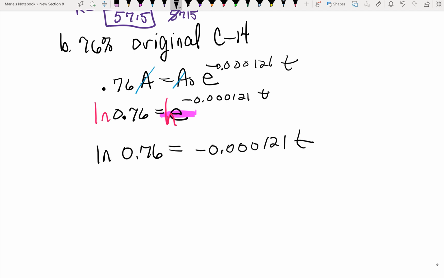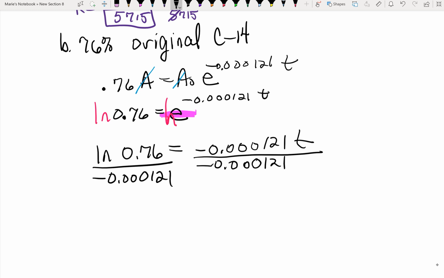If I'm solving for t, I'm going to simply divide by negative 0.000121 on both sides of this equation. This will cancel out and you're left with t equals this, and therefore t equals 2268.